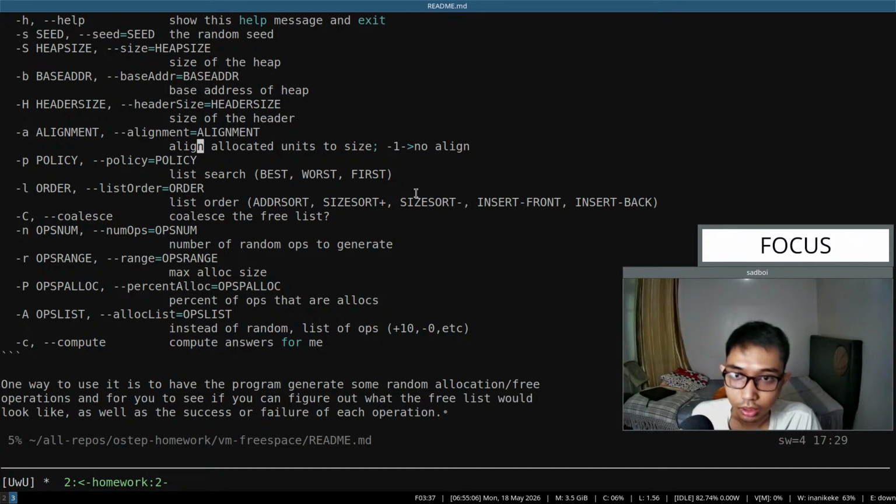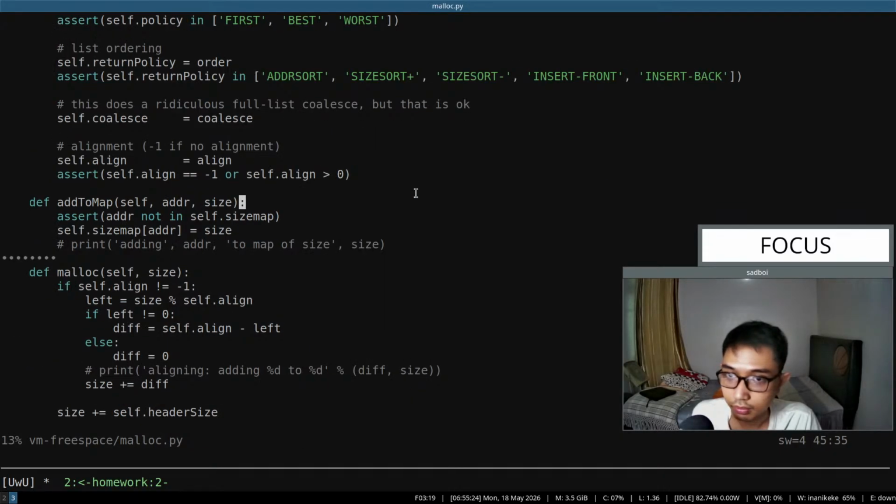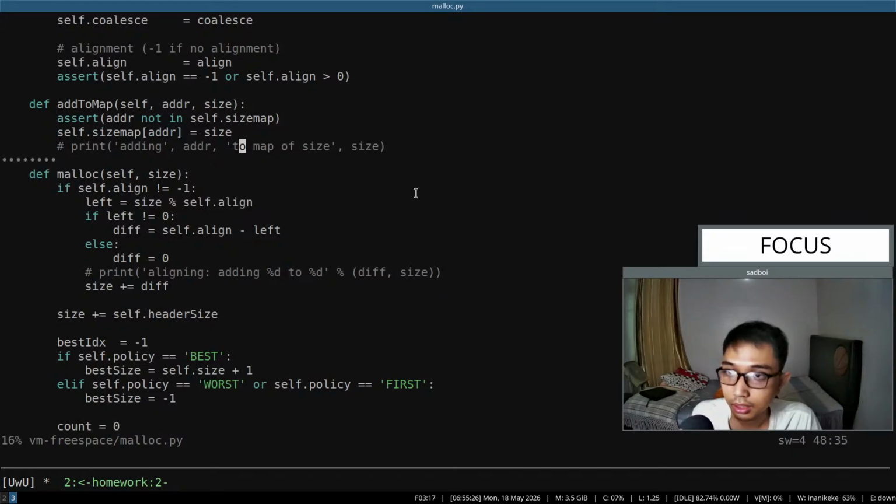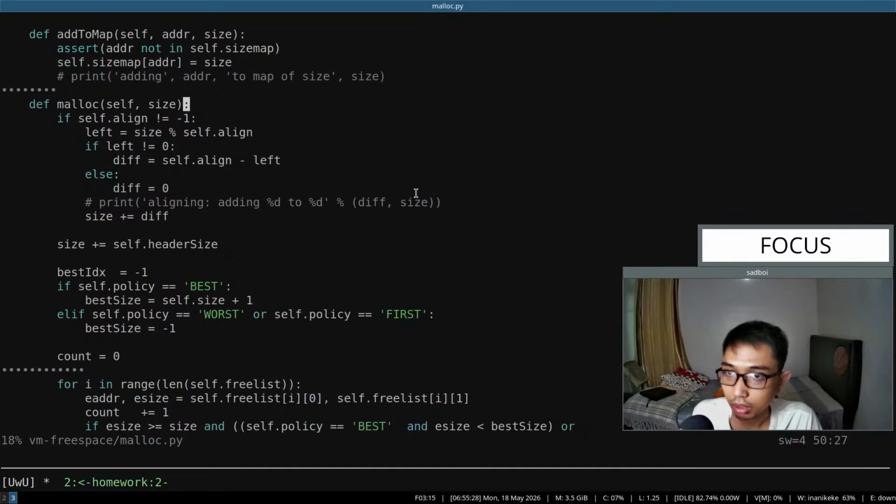Let's say we only have 3 byte, right? And then alignment is 4 byte. So we add a padding of 1 byte to make the size uniform. Maybe something like that. Okay, and then the malloc here.